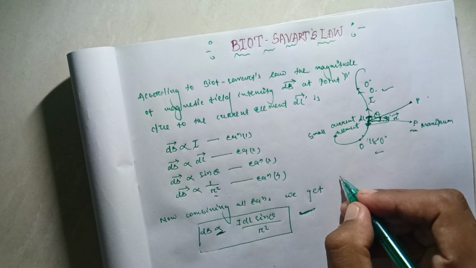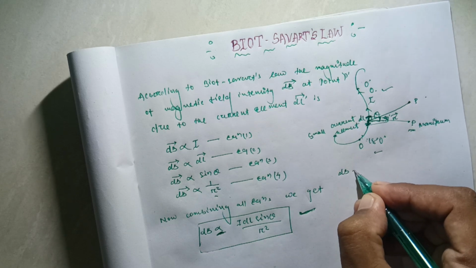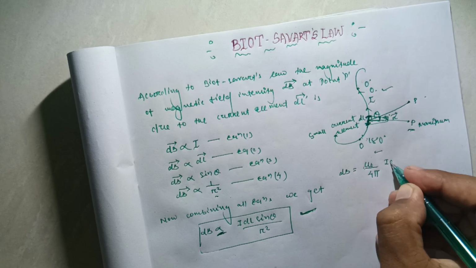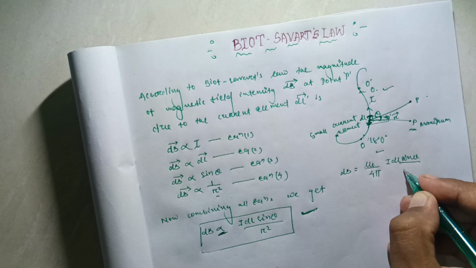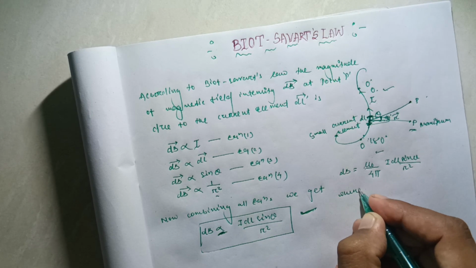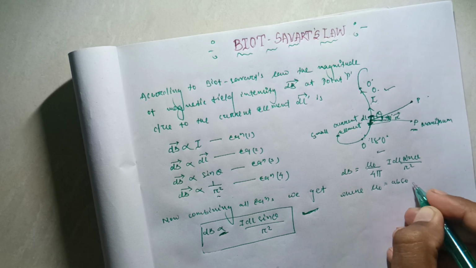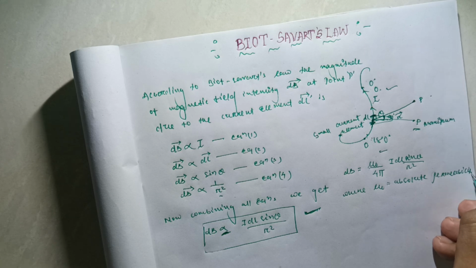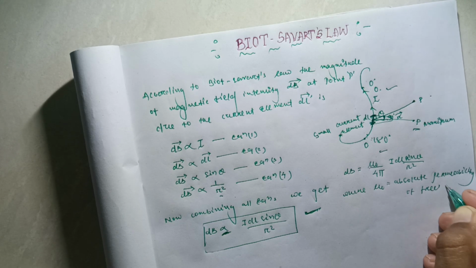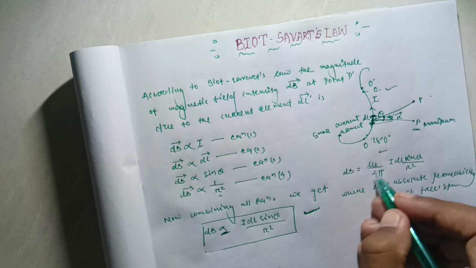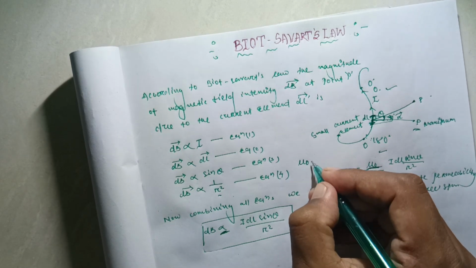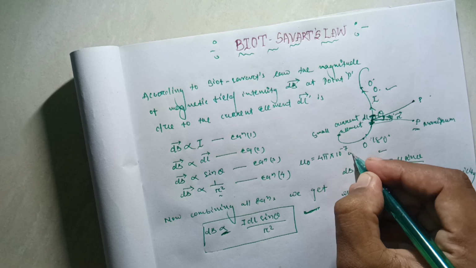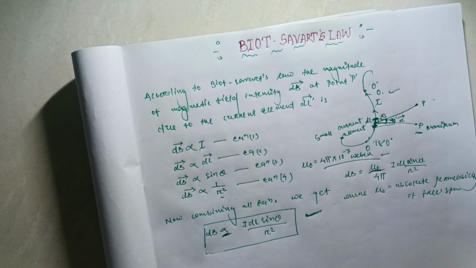So dB will be equal to mu naught by 4 pi, I dl sine theta by r square, where mu naught is the absolute permeability of free space, and the value of this mu naught is 4 pi into 10 to the power minus 7 Weber per ampere meter, right? So this is the Biot-Savart's law.